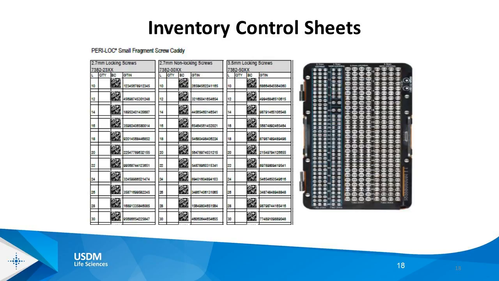People have different terms for this. Inventory control sheet is one, but some sort of matrix solution that allows you to know that in a particular location, a particular device exists. Obviously, there is some challenge in implementing this from a paper method, but it would provide for a way of identifying an individual implant, again, at the point of implantation.